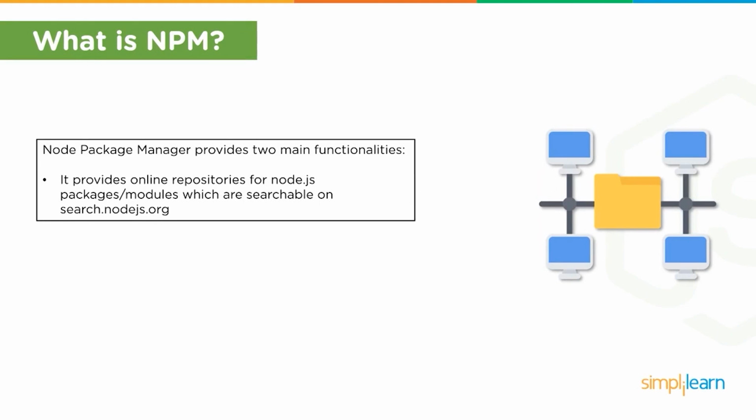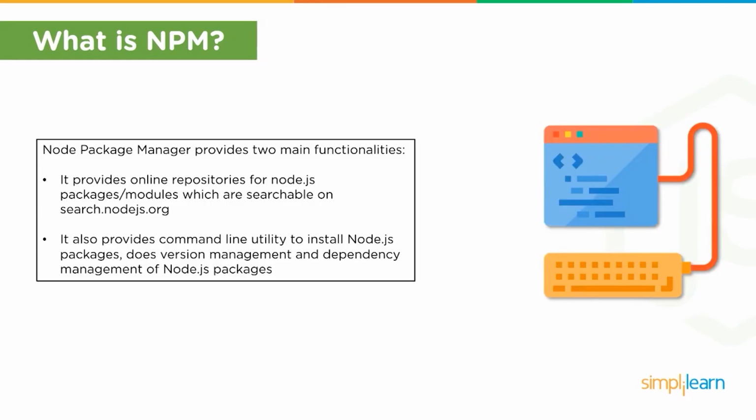You can go to search.nodejs.org and you can find all of the packages and modules that are out there. The second is that it's also a command line or terminal utility that allows you to install those packages. So you can go through and see the version management and dependencies within those packages, and you can actually control the packages themselves.